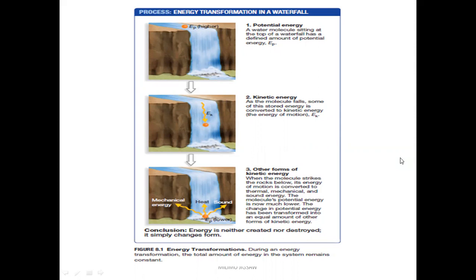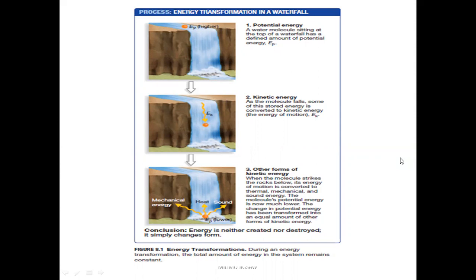Remember I said that potential energy is called potential because it really has that potential. At the bottom of the waterfall, the potential energy is now much lower than it was at the top. Hence, the change in the potential energy has been transformed into an equal amount of other forms of energy.